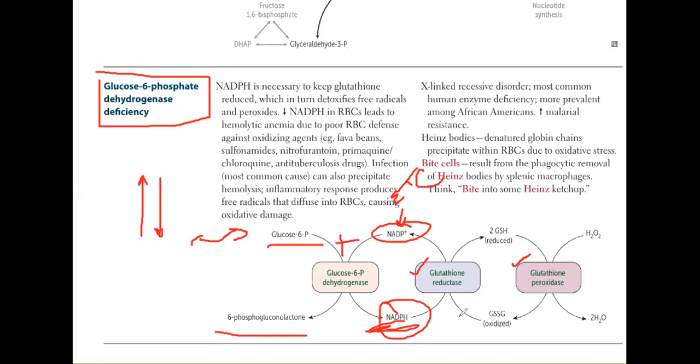Then what's happening, this NADPH is using glutathione reductase along with this GSSG in oxidized form, and they are converting this into this reduced form. So this whole process has involved glycolysis and electron transport chain both.